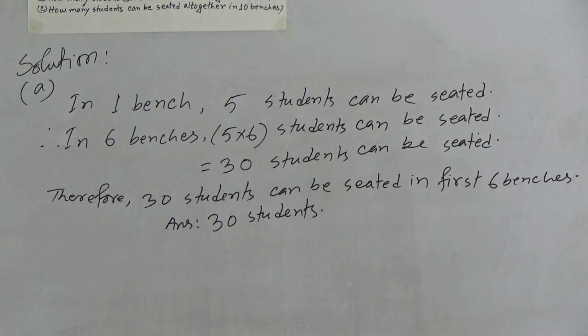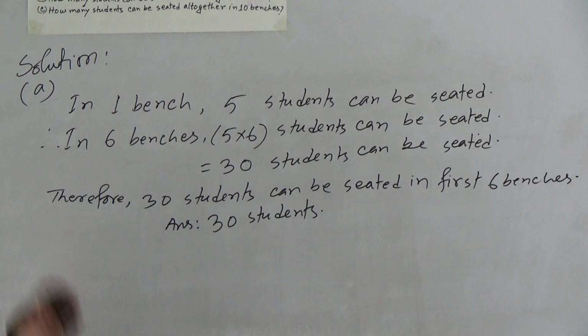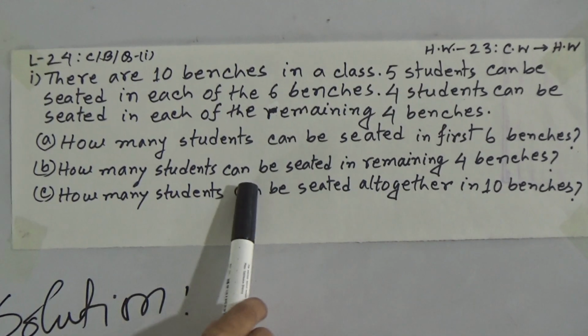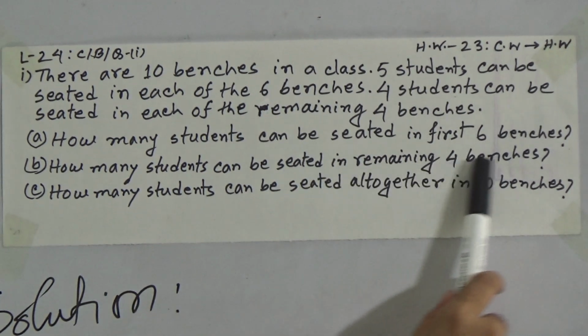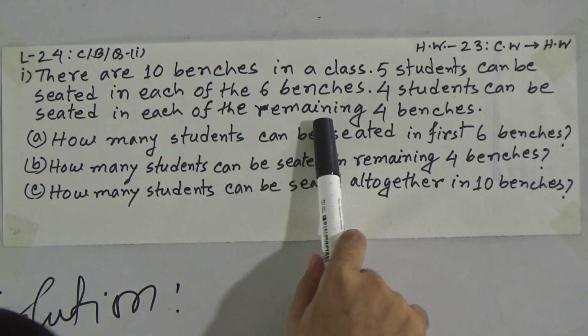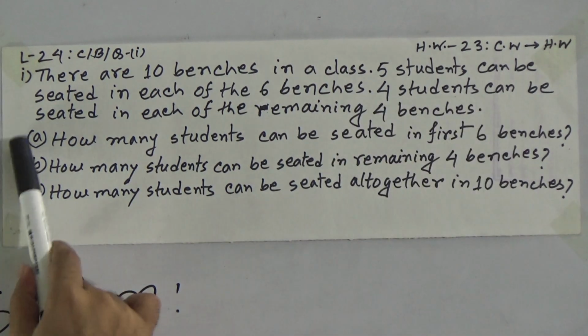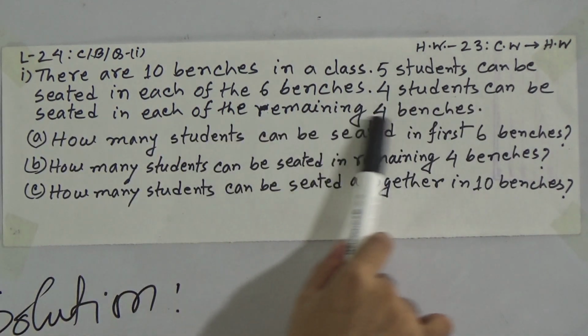So we can solve question B as question A is done here. Question B. What is question B? Question B is how many students can be seated in remaining 4 benches. Dear students, now see, in the second case 4 students can be seated in each of the remaining 4 benches.